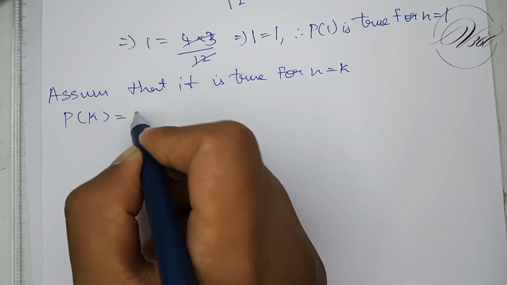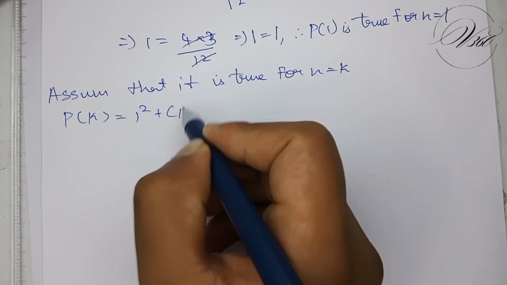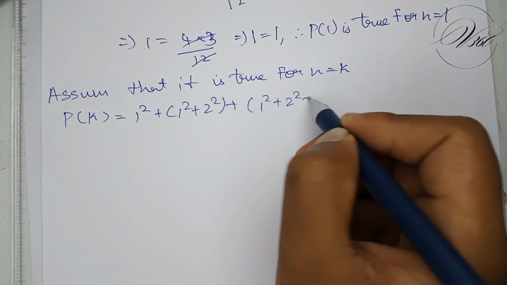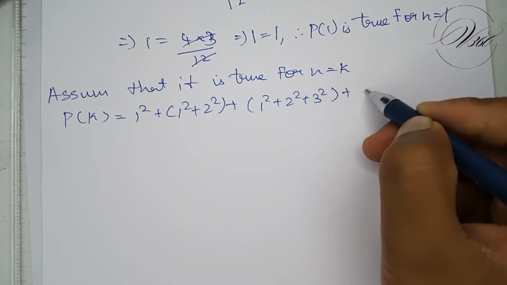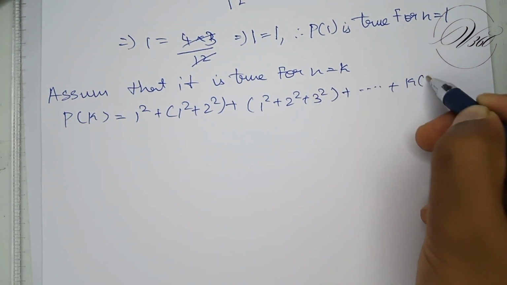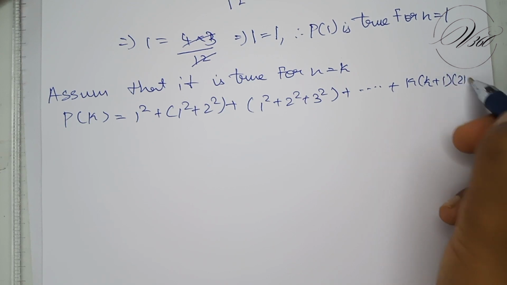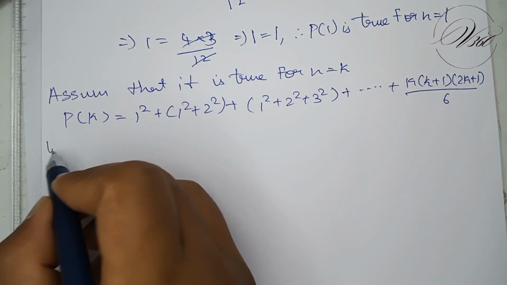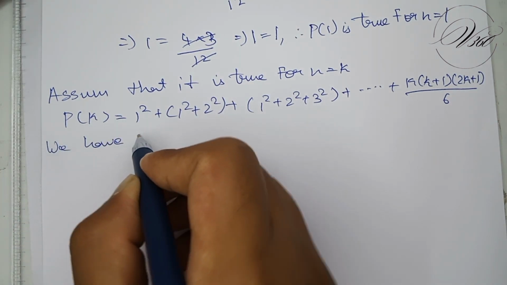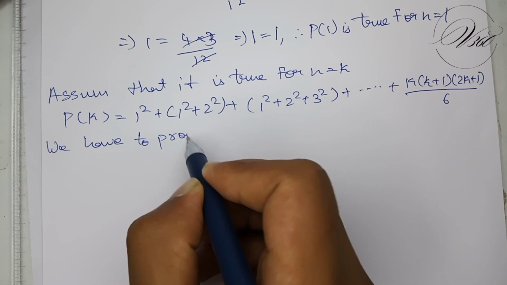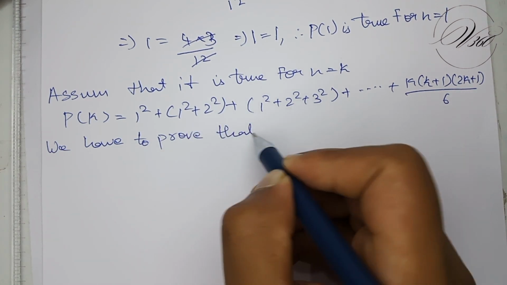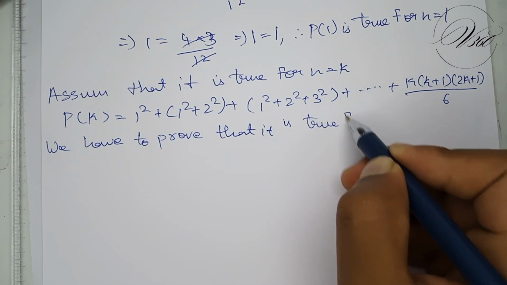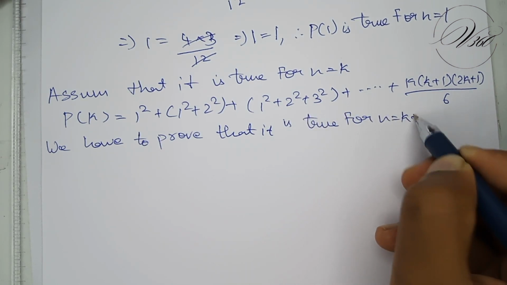P of k equals 1 square plus 1 square plus 2 square plus 1 square plus 2 square plus 3 square plus up to plus k of k plus 1 of 2k plus 1 by 6. We have to prove that it is true for n is equal to k plus 1.